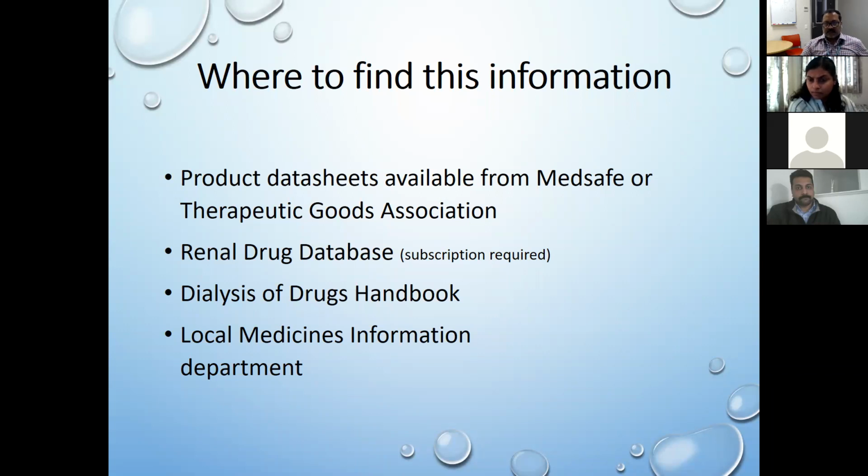There's also an overdose section of MedSafe data sheets, which sometimes can explain whether or not dialysis is useful in treating overdose. For example, for dabigatran, even if a patient is not actually in renal failure, sometimes dialysis is used to treat overdose of that drug.